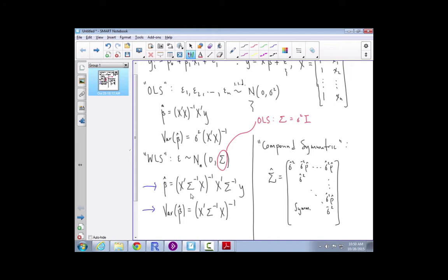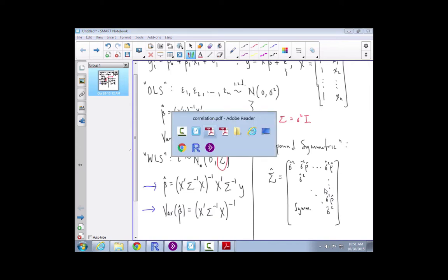One way to do it would be to just completely say nothing about how it looks and just allow every component of it to be estimated separately. So that would be the totally generic way to represent sigma. Everybody is allowed to have their own residual variance, and everybody's allowed to have their own unique pairwise correlation. That actually has a name.